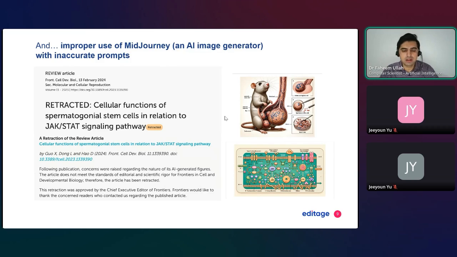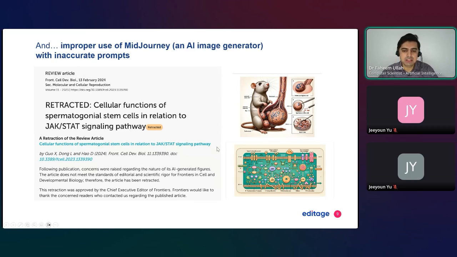Now, this is another example of irresponsible use of AI. In this example, Midjourney, which is a tool for generating images, has been used to create an image. We basically wanted to create this image, but Midjourney created this image.